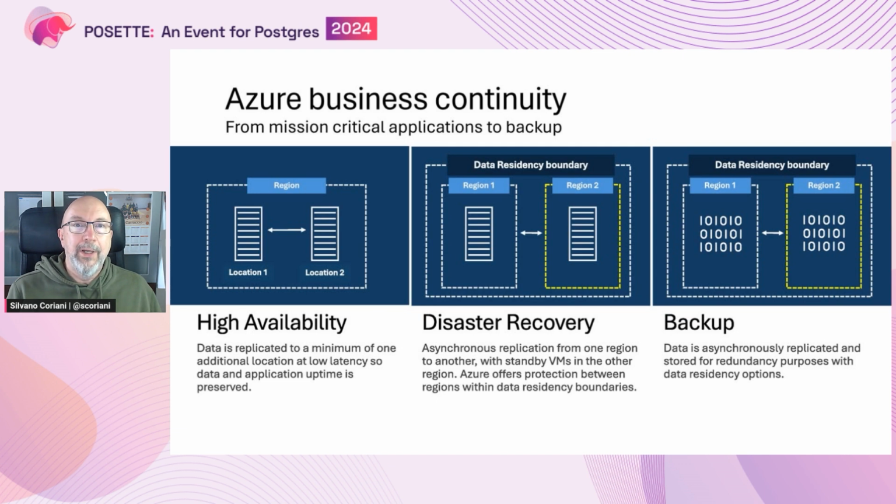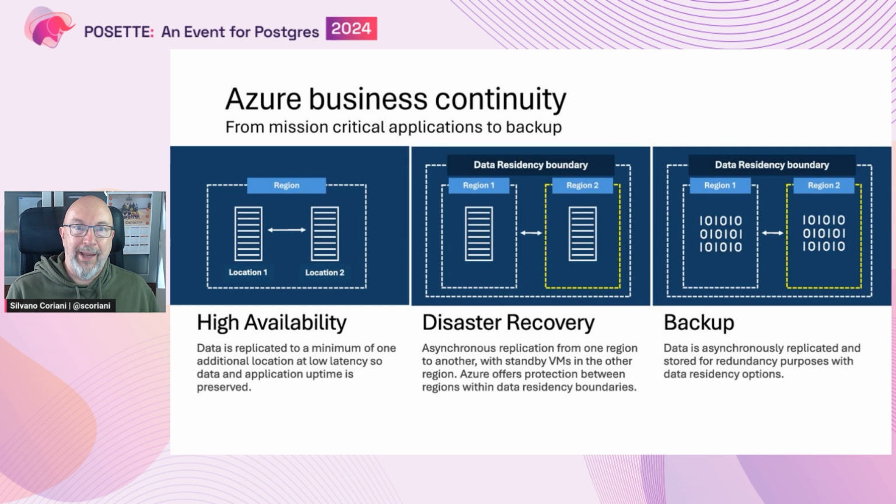So in Azure, thanks to the architecture that we have in our data centers and regions, we can accommodate all three examples that we were referring to: high availability with different locations within the single region, with low latency for maintaining local HA.